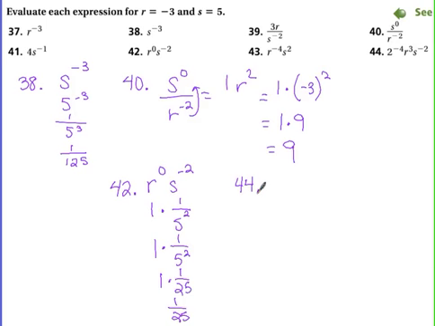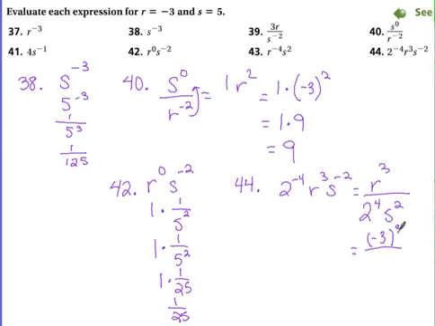44. 2 to the -4, r cubed, s to the -2. Well, let's clean this up. Negative exponent goes on the bottom. Positive exponent goes on top. Negative exponent goes on the bottom. Now, we replace this r with -3.